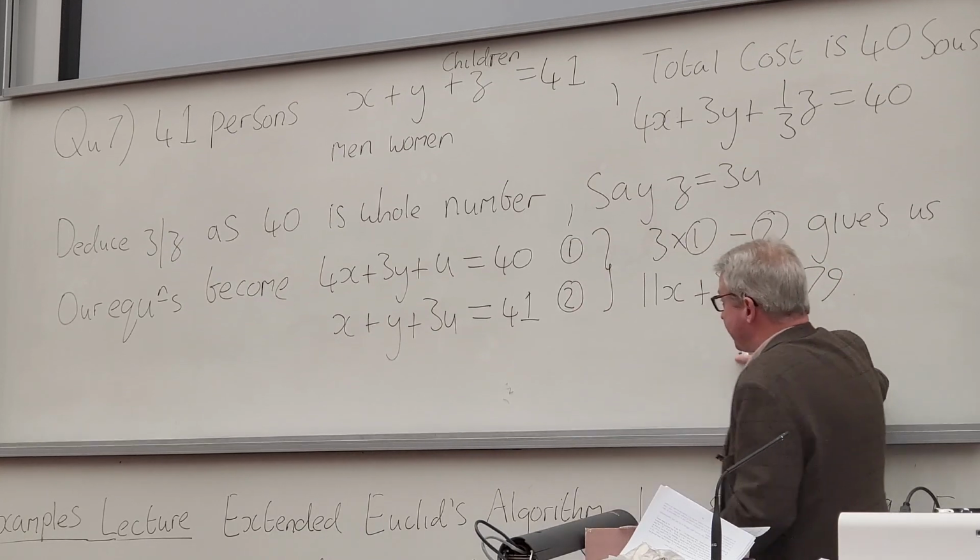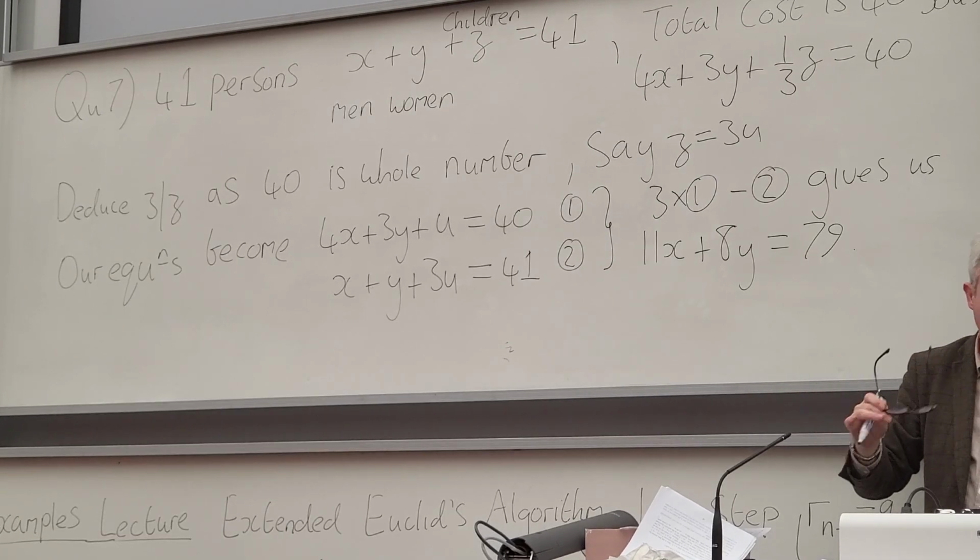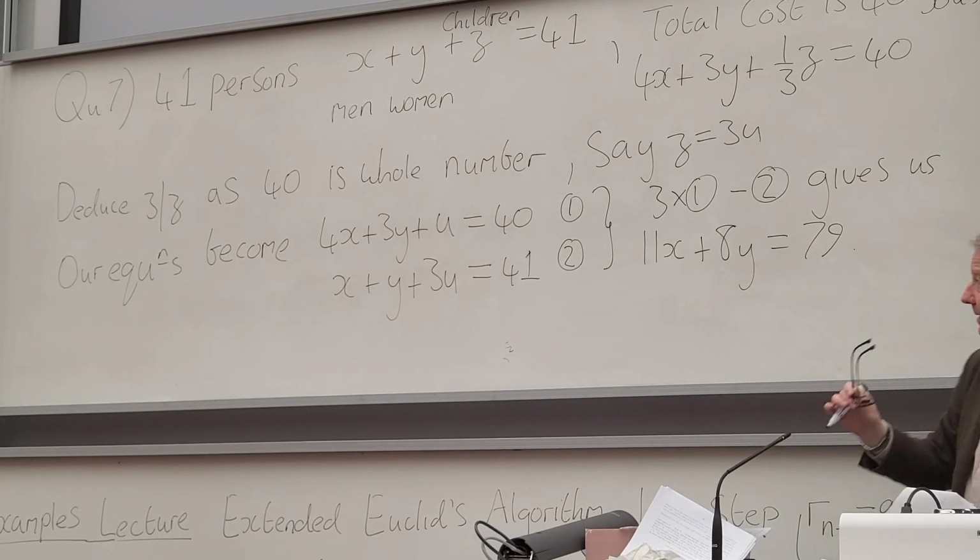So I'm getting a bit low on time. So this is now in the form of a standard Cattle problem, so you know how to solve it. You could solve this now.